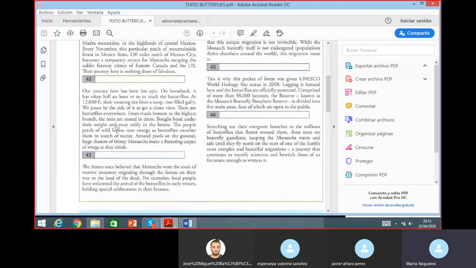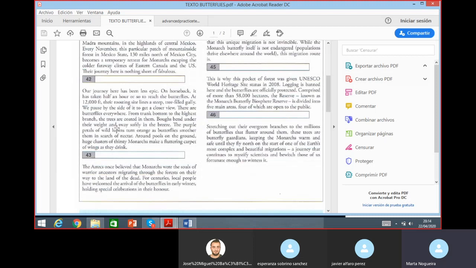So while lupins turn orange as butterflies smother them. Smother means calmar. Them in search of, en búsqueda de. ¿Veis que es muy literario?